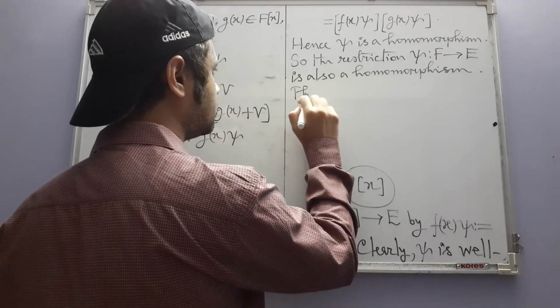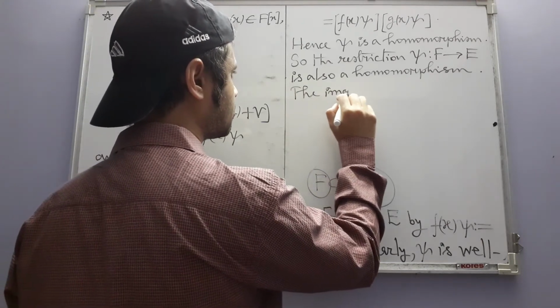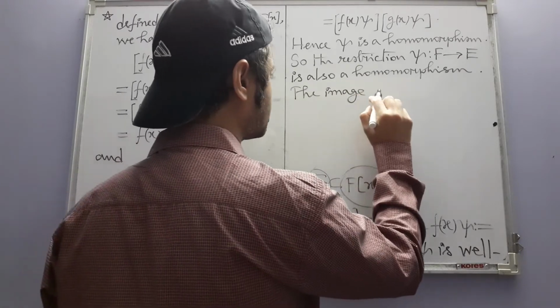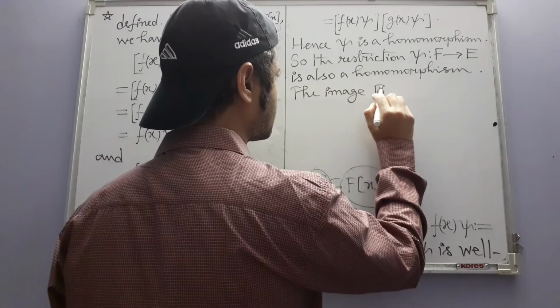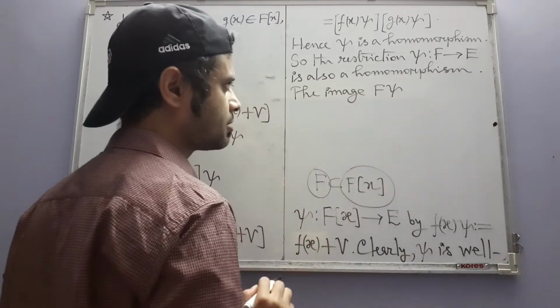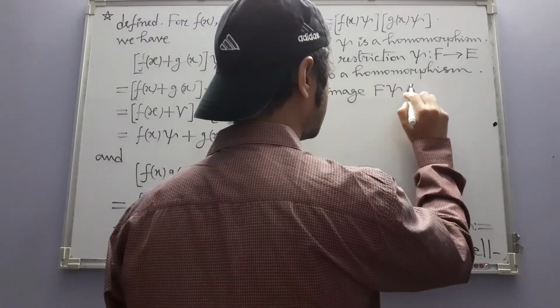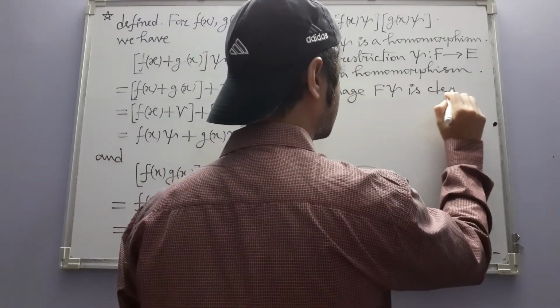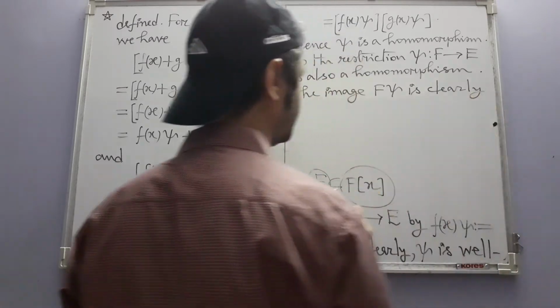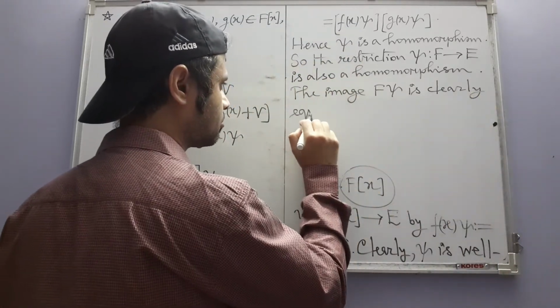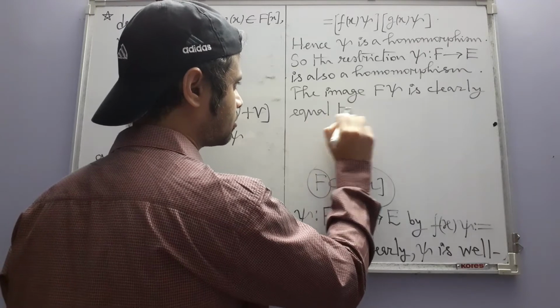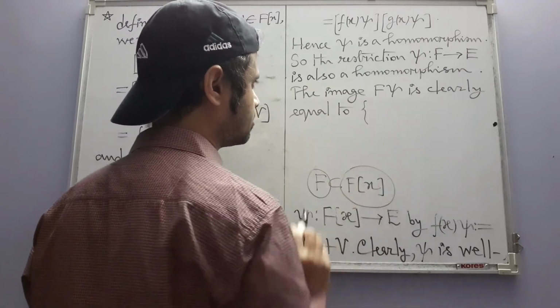The image of F under this homomorphism is clearly equal to this set.